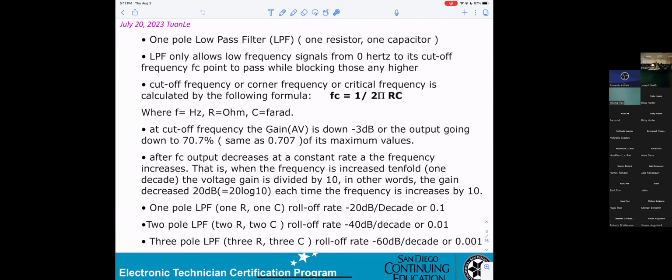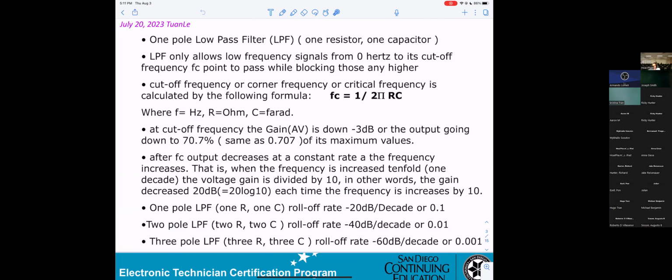Low pass filter only allows low frequency signals from 0 Hz to its cut-off frequency FC to pass, blocking any higher frequency. Okay, we're talking about the cut-off frequency. Last time I already told you. Cut-off frequency can be called critical frequency, stop frequency, or corner frequency.